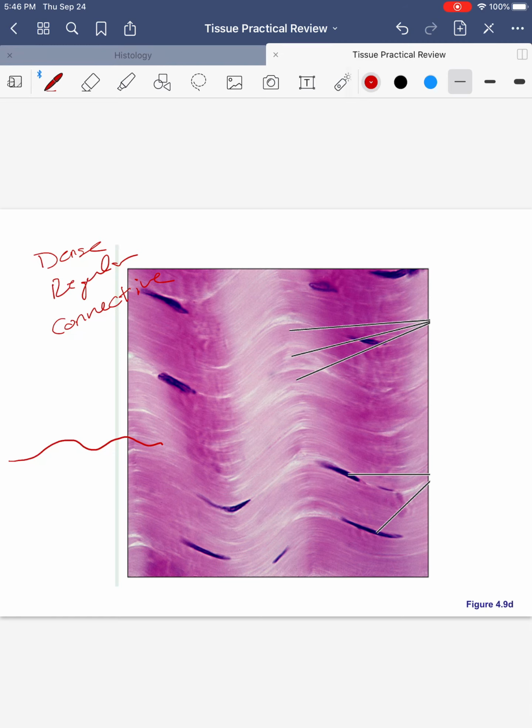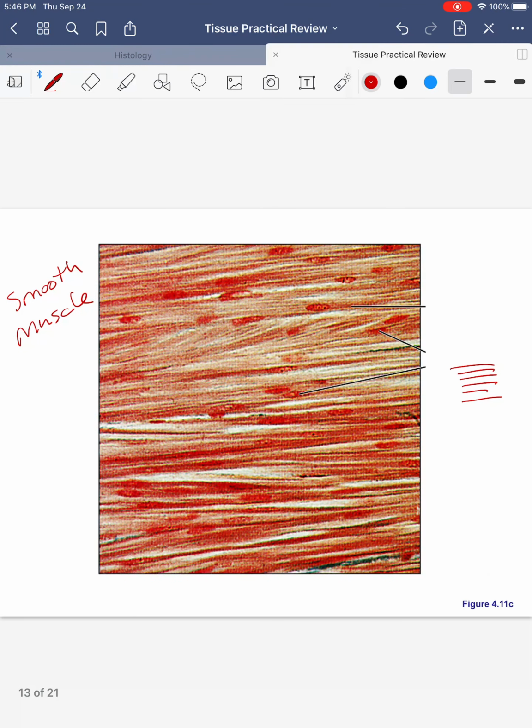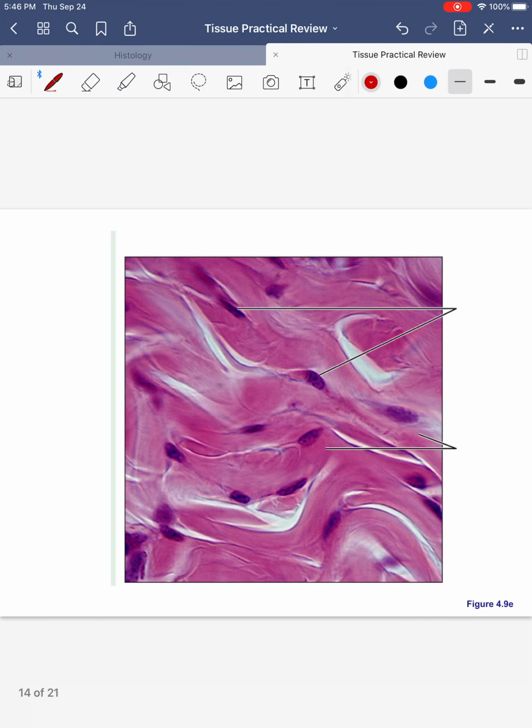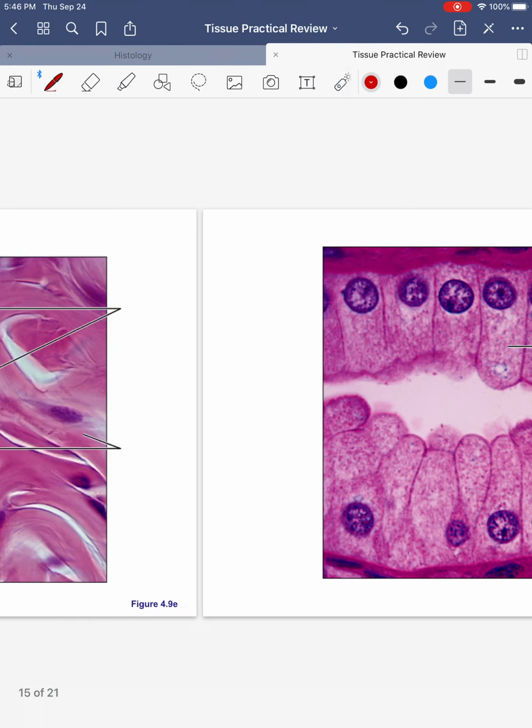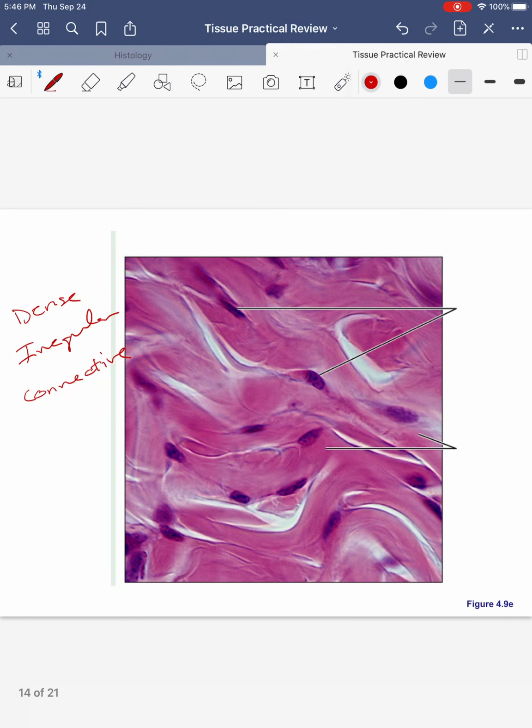So pay special attention to dense regular connective, smooth muscle, and lastly, dense irregular. Again, if we change the color, this dense regular connective tissue, actually, yeah, if you change the color, it can sometimes fool you.